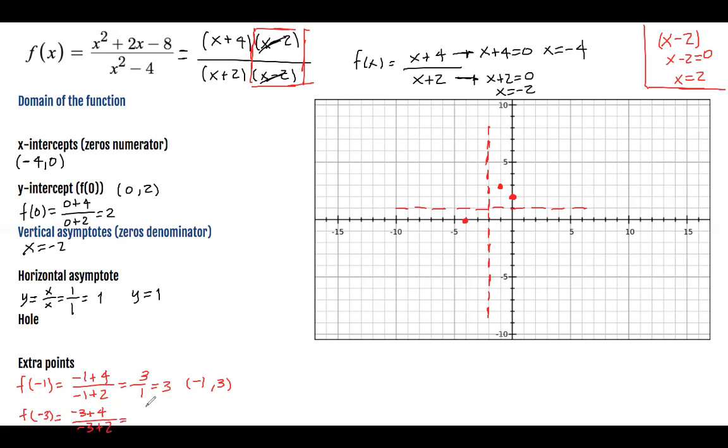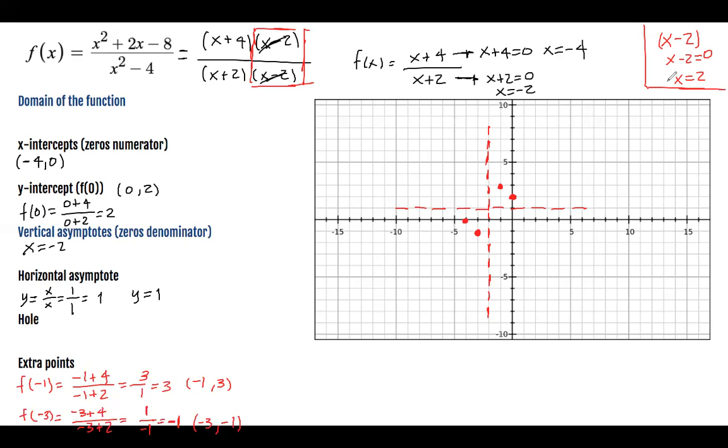So on top, we're going to have a 1, and down here a -1. So this is going to be equal to -1, and the coordinate ends up being -3, comma -1. That's our coordinate. So before we try to sketch this, let's find the hole.